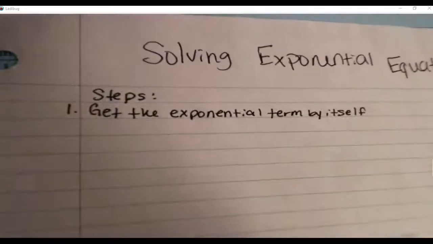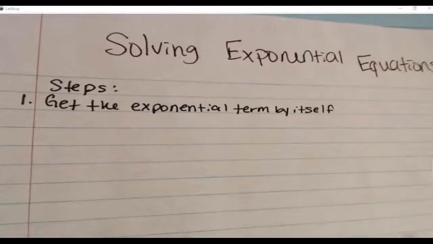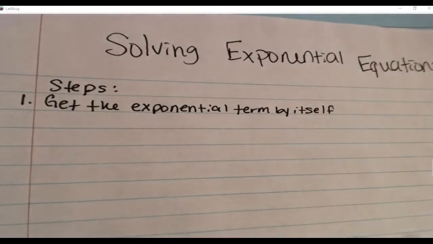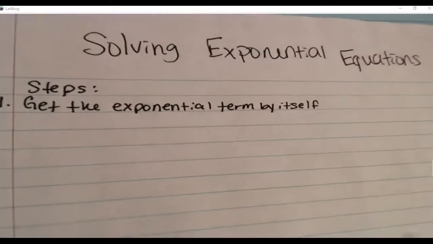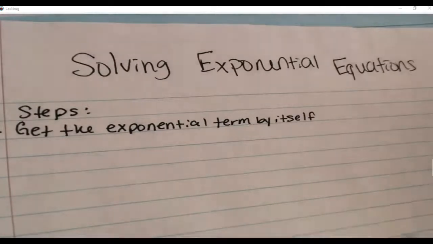So, the base and the exponent, we want them to just be over there by themselves. Okay. So then you'll have 4 to the x or whatever. So you have your exponential by itself.